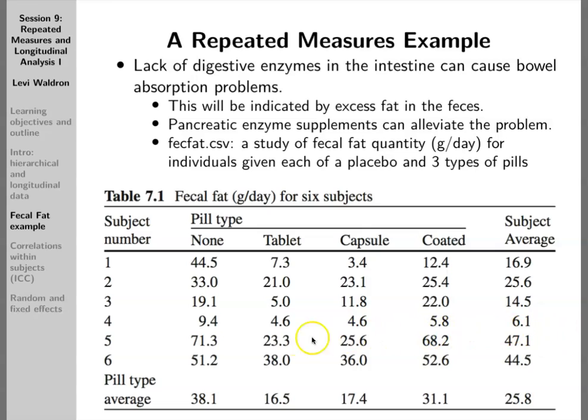When I talked about there being correlated measurements, this is what I was talking about, how the grouping of the subjects matters. These are not just random observations across all of the subjects. They are certainly grouped by subject.